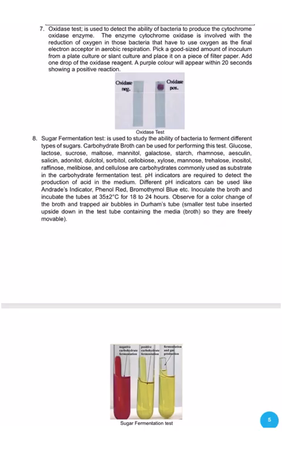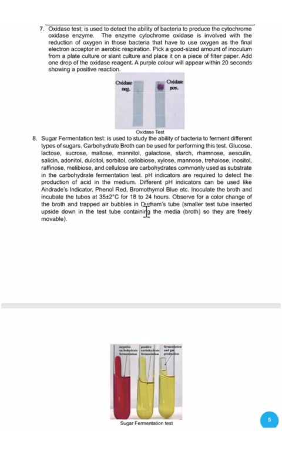So in this test, we prepare the carbohydrate broth. That means it is a liquid medium, and we put it in tubes. And usually the color of the medium is red. This is the normal color of the medium. It has a pH indicator. If there is a production of different byproducts from the fermentation, then the color of the medium changes into yellow because of the pH indicator within the medium.